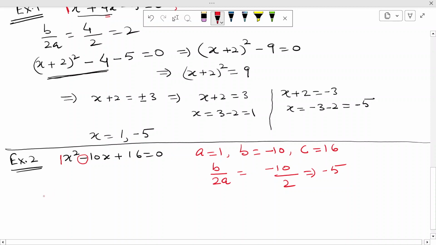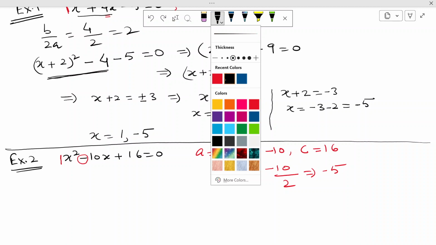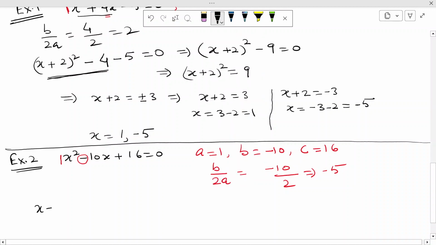So you will consider this as x minus 5 whole square. Now what we have to subtract?